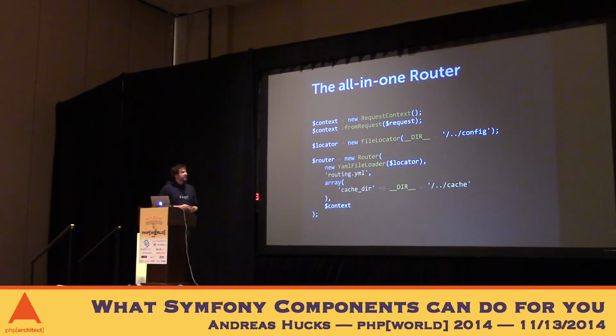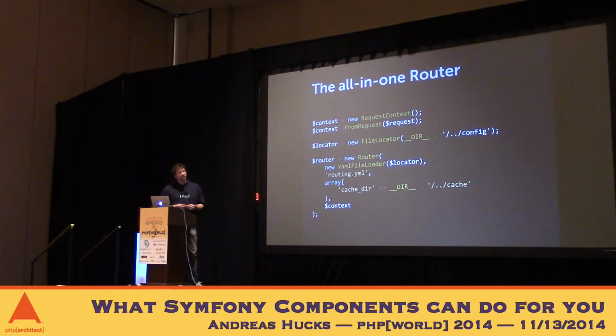But what we also need to make routing make sense is the ability to generate routes. Generating routes means I have a route name, and in my template I can generate a URI from that route, possibly combined with a couple of parameters, to get a URI, because only then will I be able to flexibly redefine my routes.